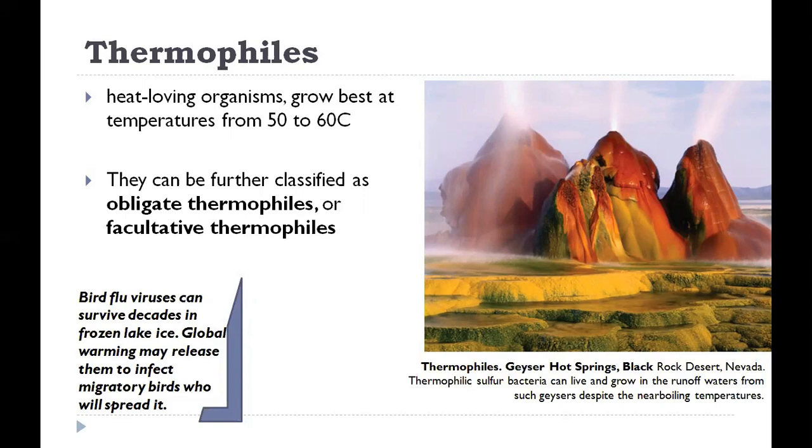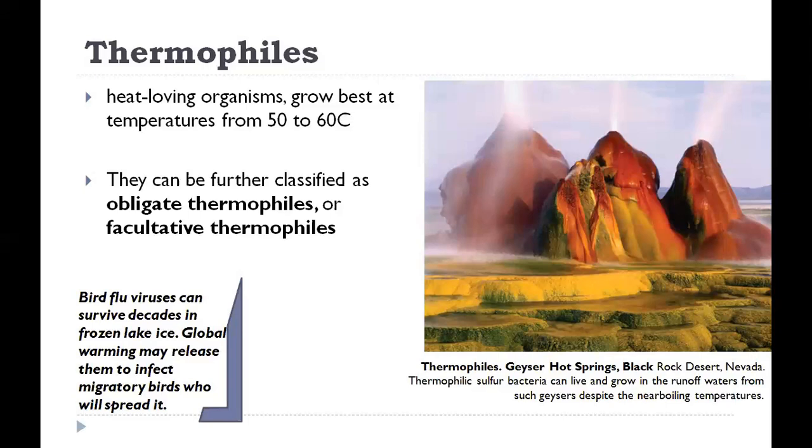So obligate thermophiles are organisms which can only survive at very high temperature, but facultative thermophiles are the organisms which grow best at high temperature. But even if you put that organism at normal room temperature, 37 or 40 degrees Celsius, it will still be able to survive. Whereas an obligate thermophile will die if you put it at normal room temperature or around 40 to 50 degrees Celsius.